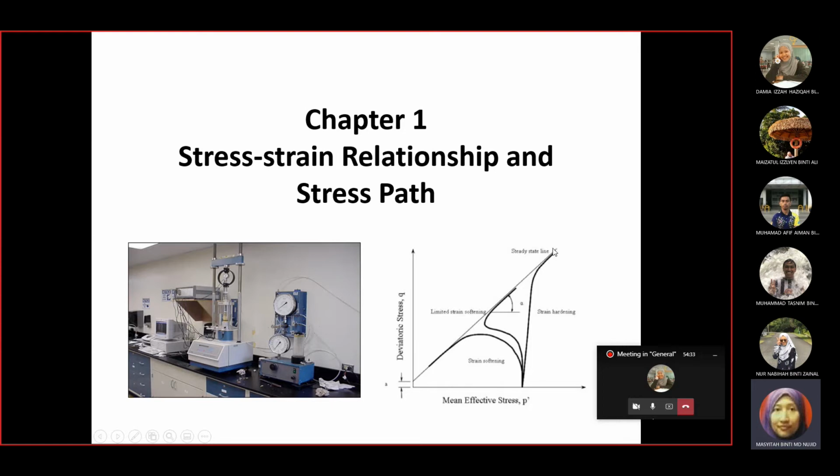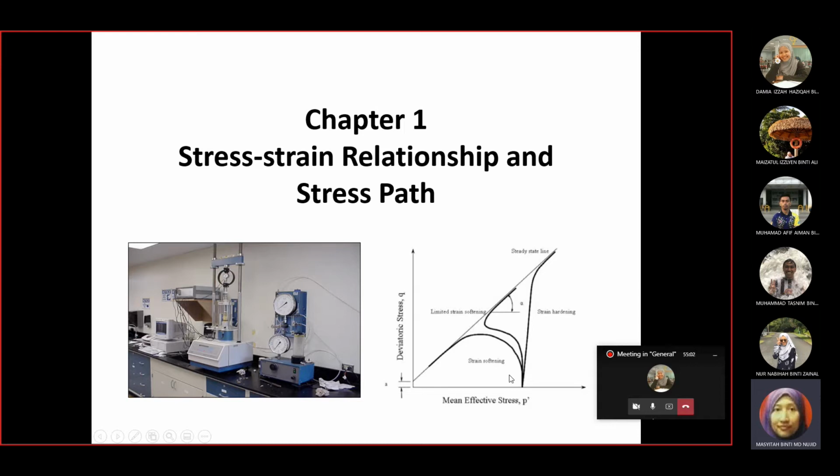If you go to this particular stress-strain relationship between the deviatoric stress q and the mean effective stress p, you will see how the soil behaves when you apply additional load. You increase the loading until you meet some point having the strain softening, kemudian dia akan ada some sort of limiting strain softening, dan dia melalui juga proses strain hardening.